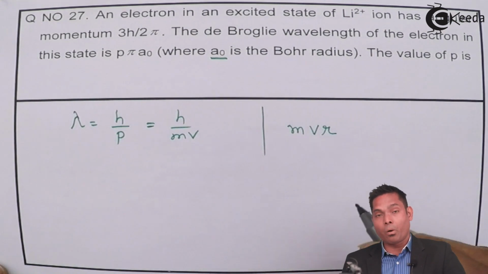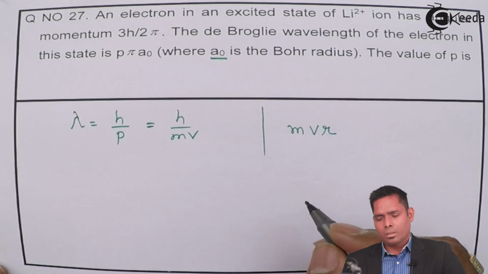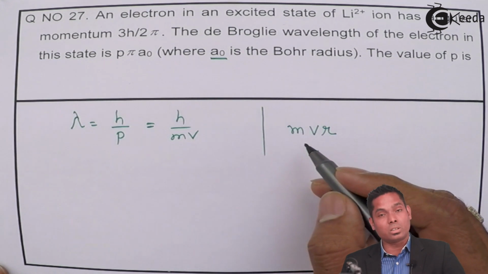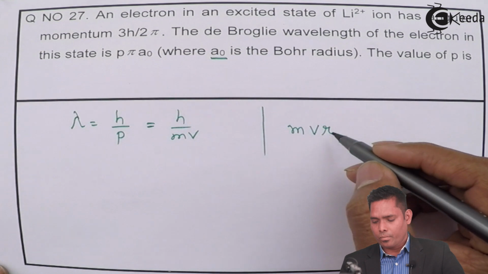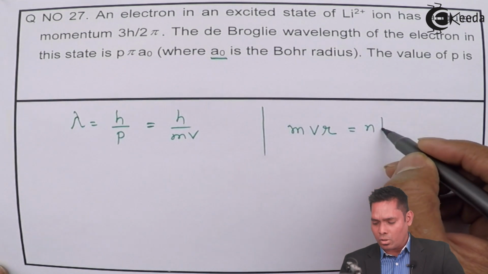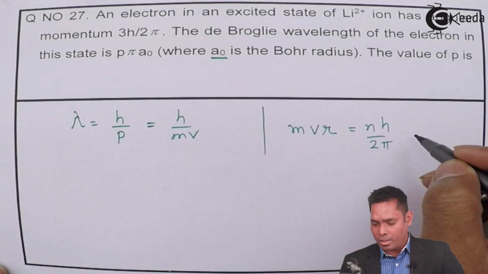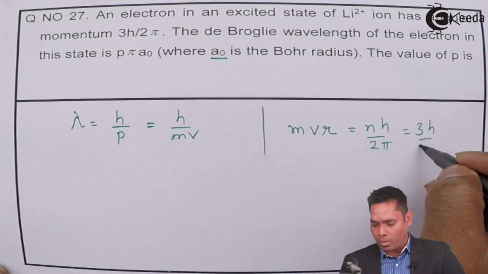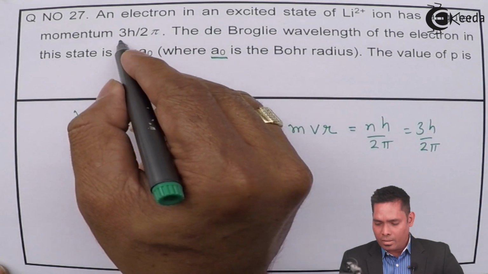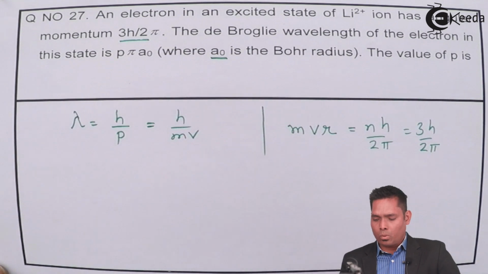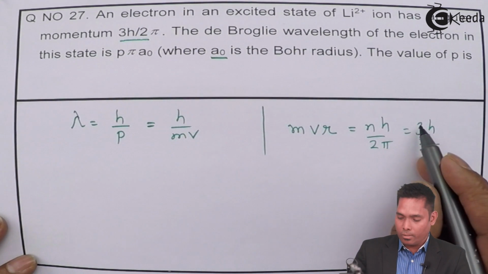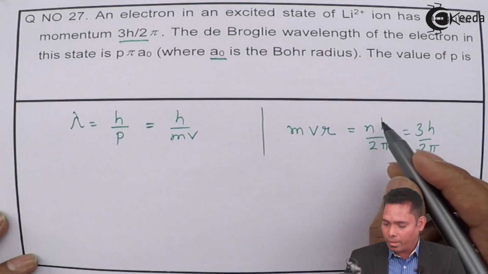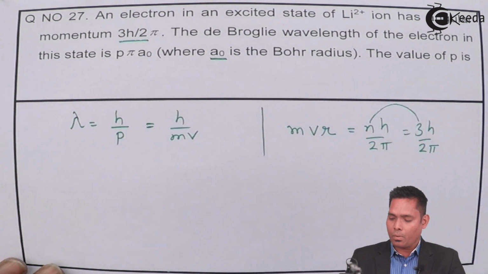When an electron revolves in a circular orbit, the angular momentum remains constant and its magnitude is mvr, that is nh upon 2 pi. Here it is 3h upon 2 pi, as given. This justifies that the n value is 3.